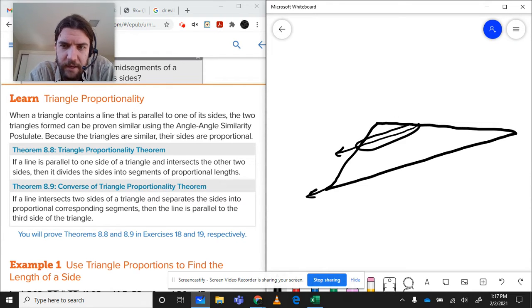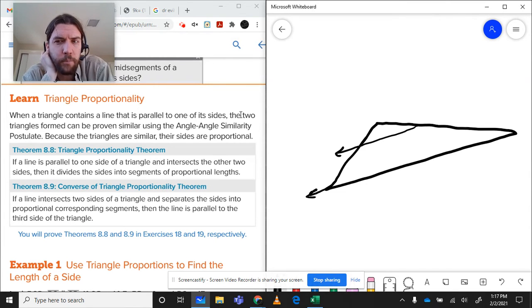This line is contained in our larger triangle, and this line is parallel to one of the sides, specifically the side on the bottom. When we do that, the two triangles formed can be proven similar using the angle-angle similarity postulate. That's something that we would have seen in a previous lesson. And because the triangles are similar, their sides are proportional.